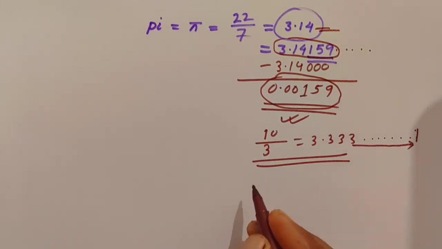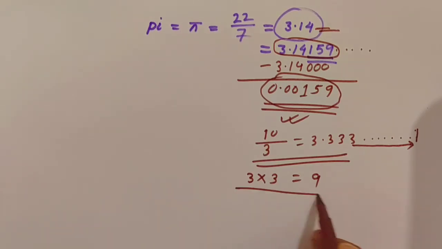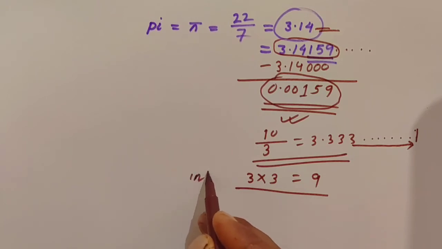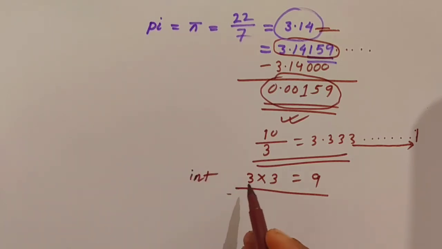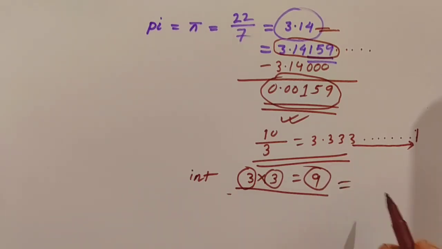Now suppose you are multiplying 3 into 3 equals 9. In this case you may take the number as integer, int, because these are integer values and this will not change the output.